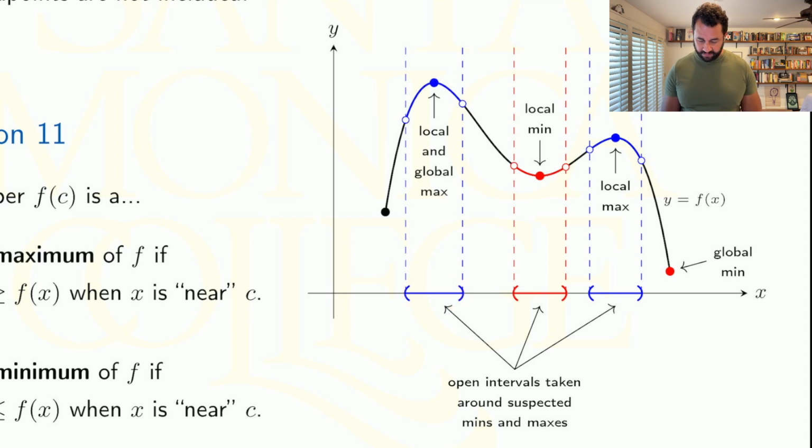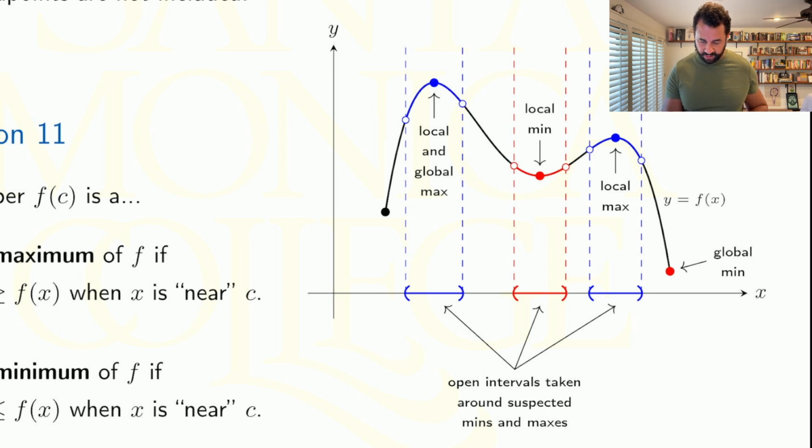If I trace up to the graph, what I see is that there's this maximum value here on this interval. This point is above all of the other points on that interval. So we can call this a local maximum value, meaning if you isolate your attention to this space, it's going to be bigger than all the other points near it.